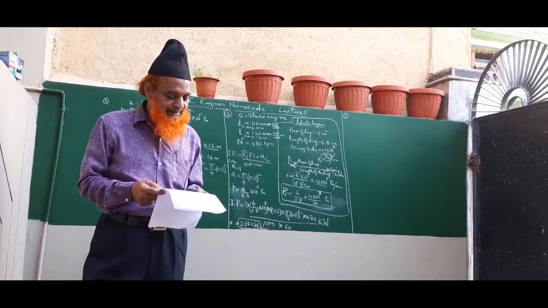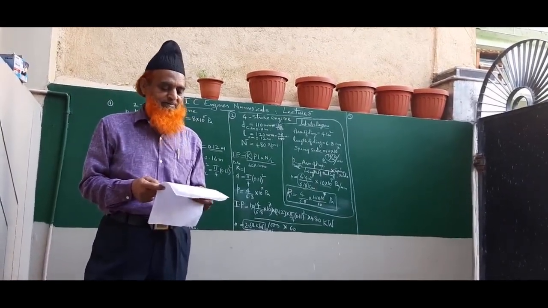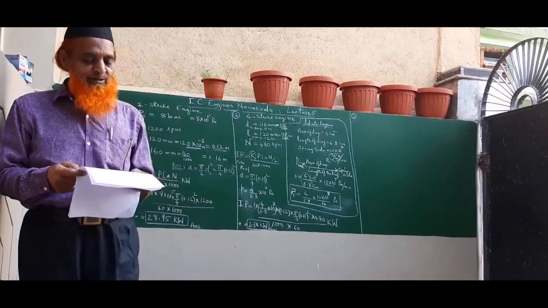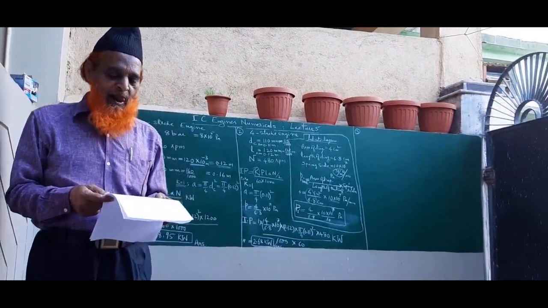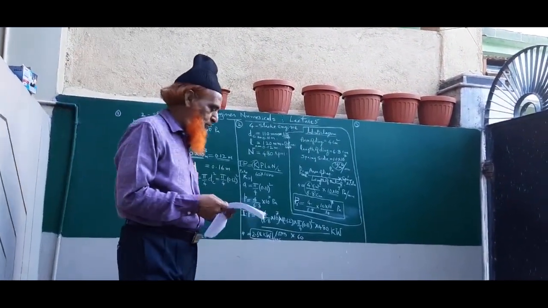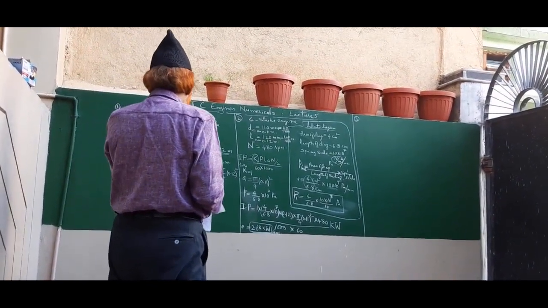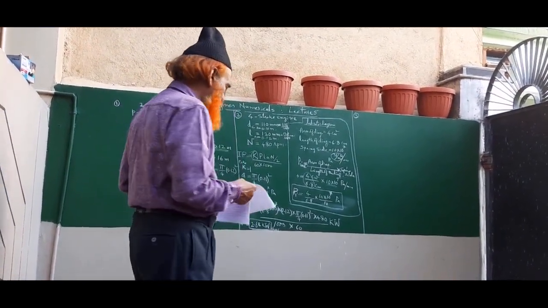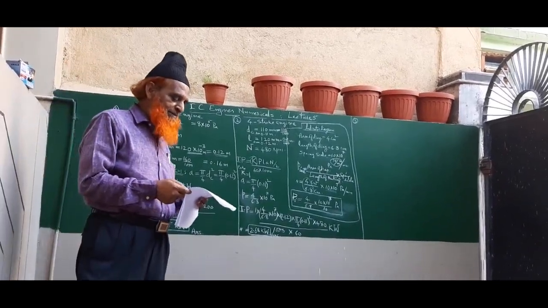Crankshaft speed 300 rpm. Determine brake power of the engine.